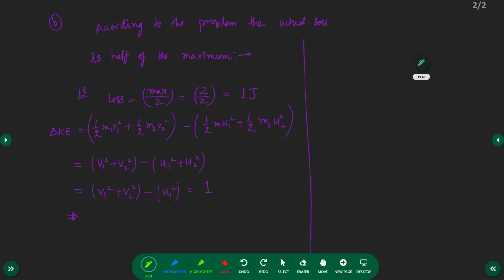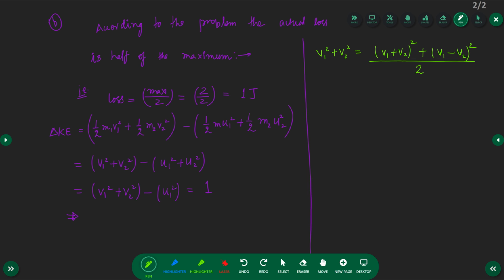Can we write V1 square plus V2 square is equal to (V1 plus V2) whole square plus (V1 minus V2) whole square, divided by 2?